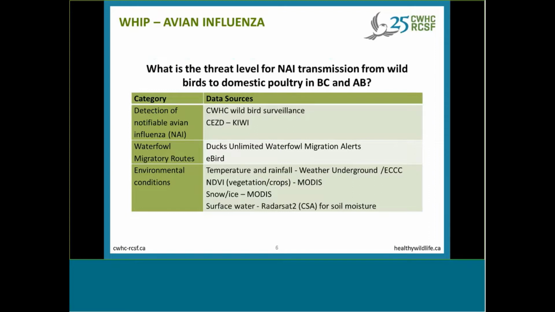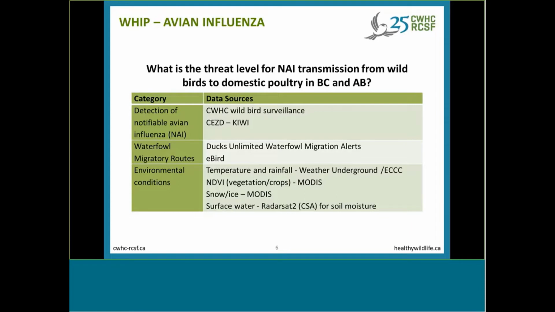And the environmental conditions from Weather Underground and Environment Canada, as well as remote sensing. So MODIS is a satellite sensor. It stands for Moderate Resolution Imaging Spectroradiometry. And RadarSat, which is a Canadian Space Agency program.